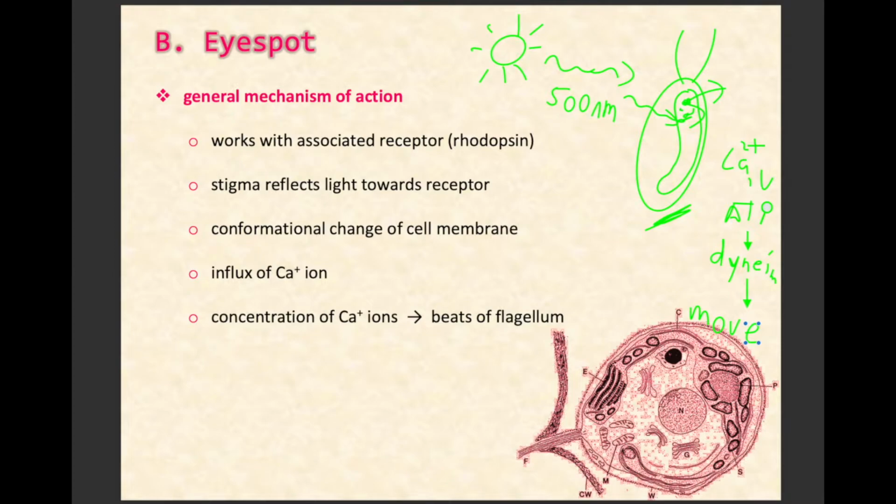Your rhodopsin or chlamydopsin will send a signal to your cell membrane, which will undergo changes in conformation. Calcium channels will open, and there will be an influx of calcium and a release of ATP. This ATP is needed for the movement of your dynein arm, and after that your flagella will move. Yeah, beating of your flagella.